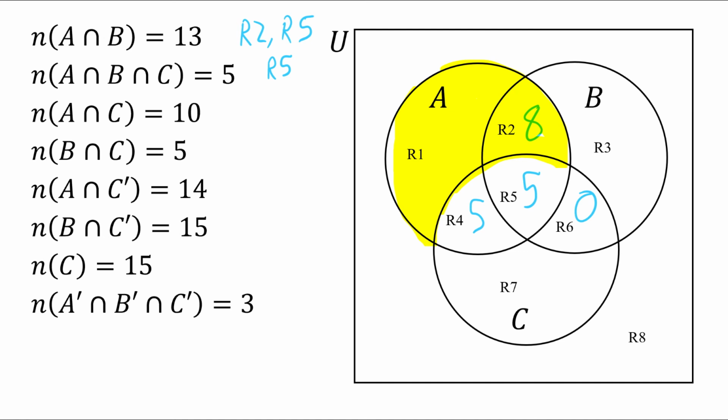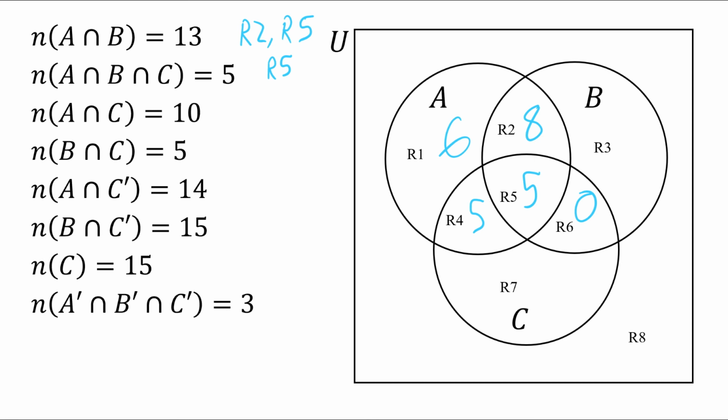Regions 4 and 5 are in C, 1 and 2 are not. So regions 1 and 2 make up A intersect C complement. Regions 1 and 2 add up to 8, and region 2 is 8, so that tells us region 1 has to be 6. So those can add up to 14.